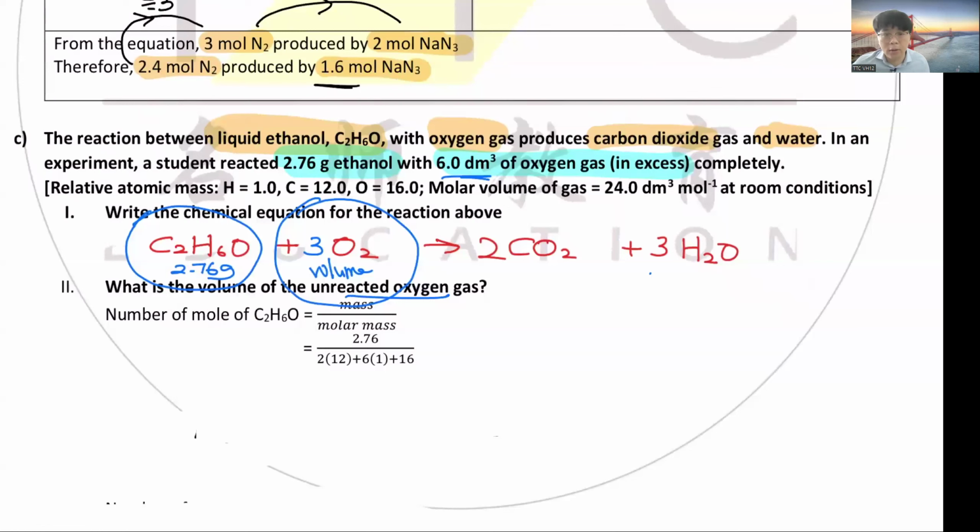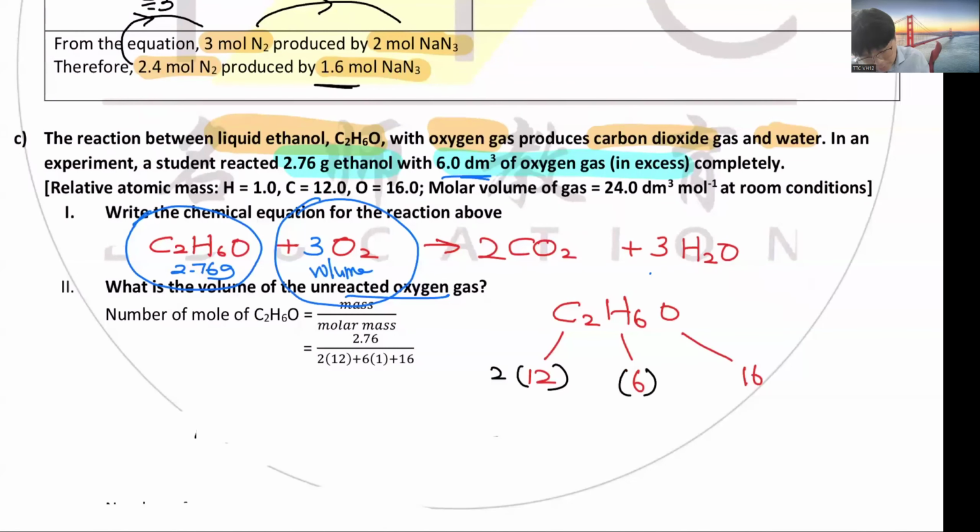And this one is a special question you need to know. First, you get the 2.76, then divide by the mass of carbon, hydrogen, and oxygen. So carbon is 12, hydrogen is 6, oxygen is 16. Then times 2, times 8.